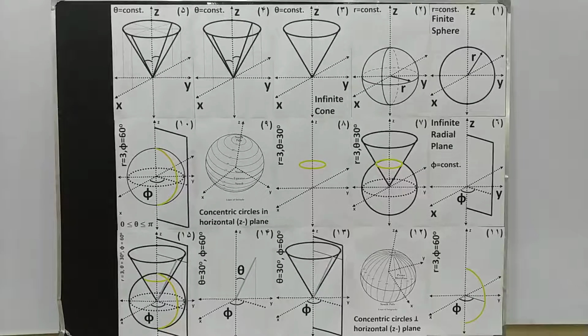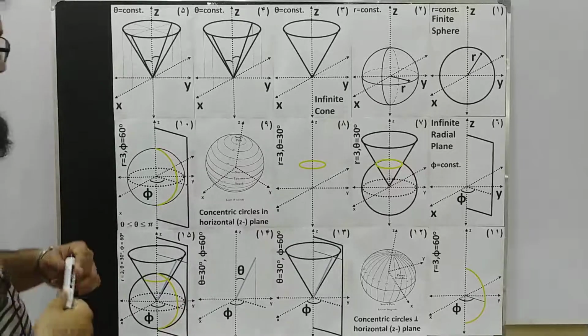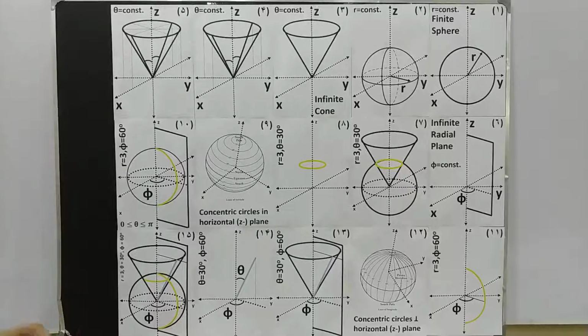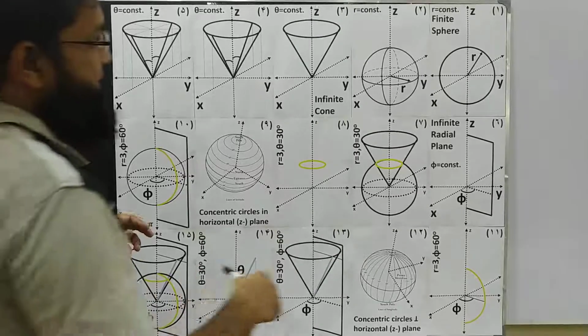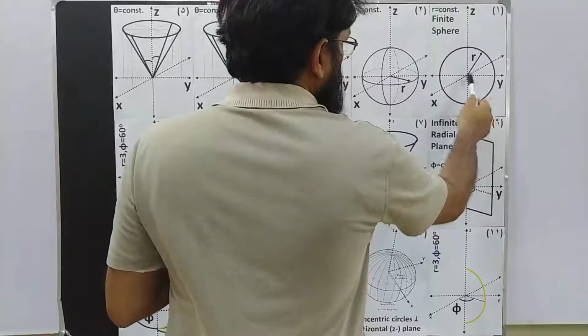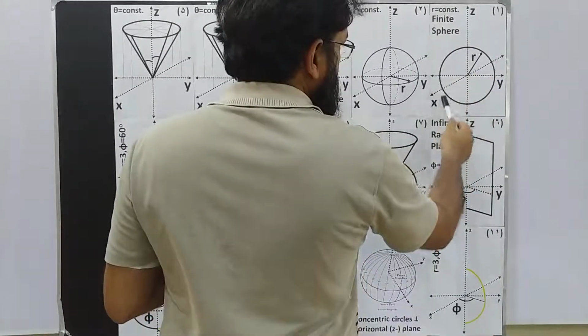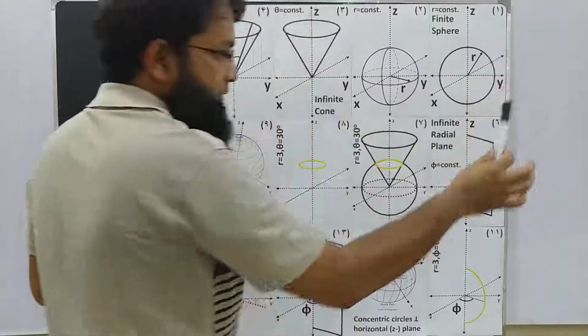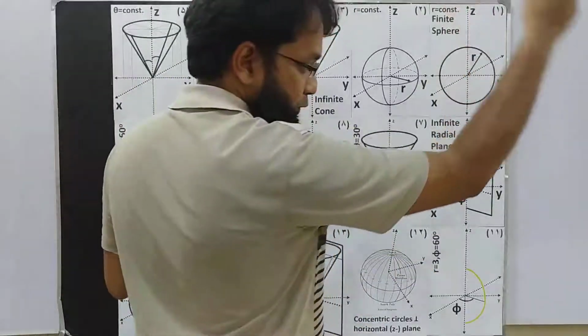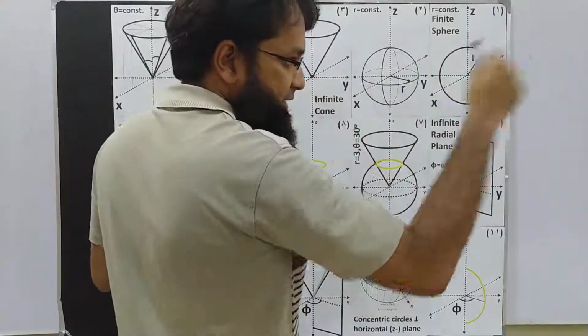As per previous practice, I have given here diagrams which will aid you in understanding the fundamental surfaces. First is the r equals constant surface, and we all know that r is nothing but the radius of the sphere, or the distance of the point which we wanted to reach with respect to origin.